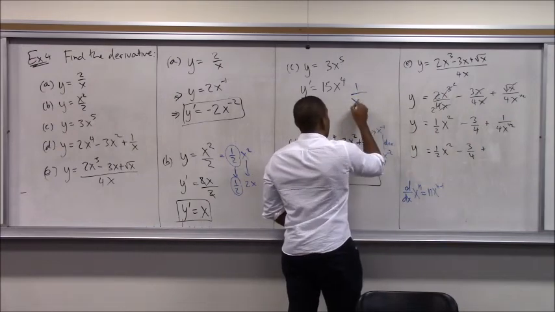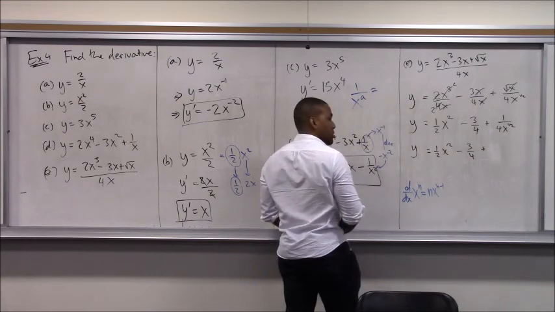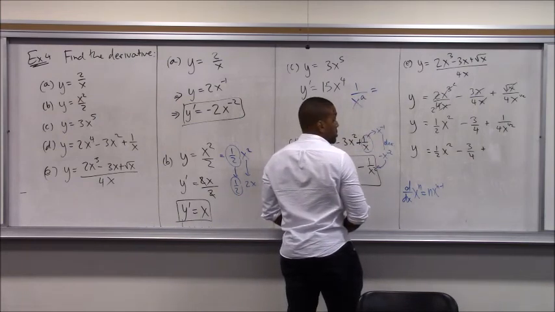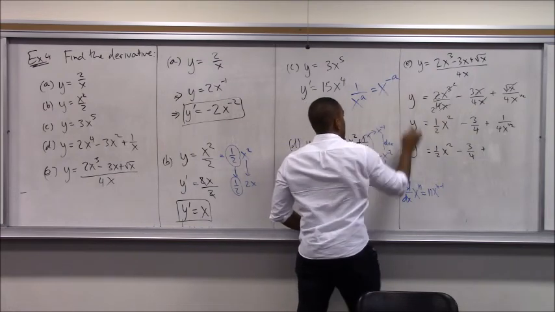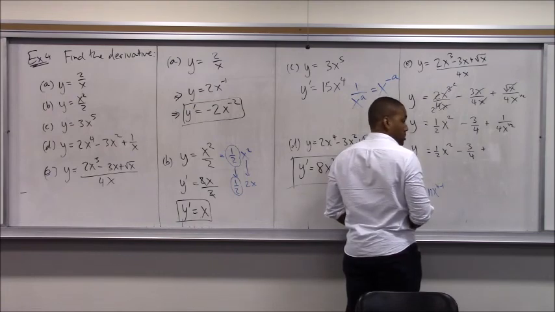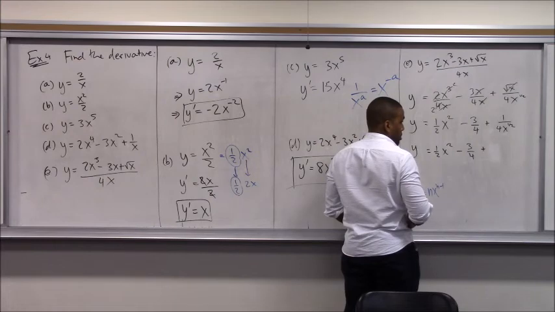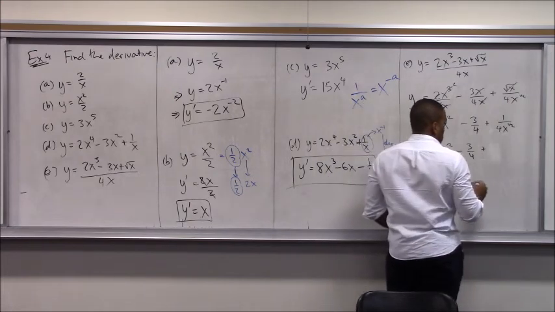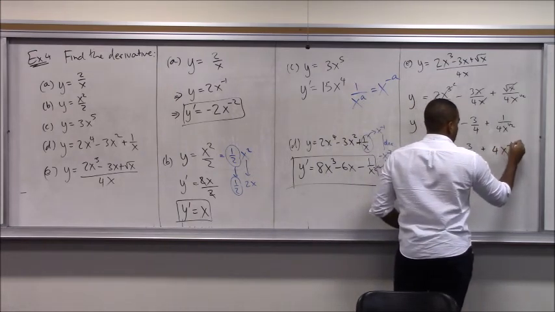So I have a rule. 1 over x to something is what? How would you rewrite that? 1 over 4x, 4x to the negative 1/2?